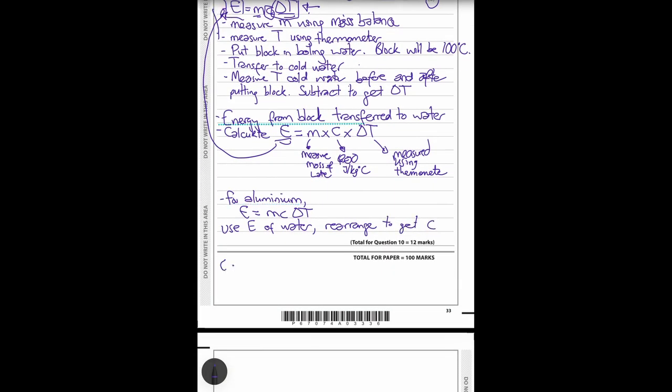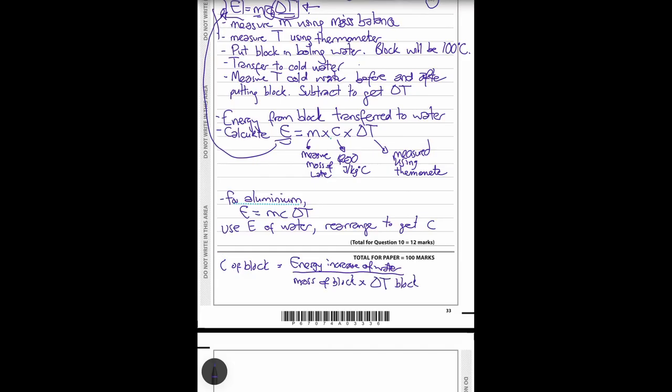So that means the C of the block must be equal to, if you need to rearrange it in steps, then rearrange it in steps, but the C of the block should be equal to the energy of the water, or the energy increase of water that we worked out earlier, divided by the mass of the block. And then down here is going to be the change in temperature of the block.